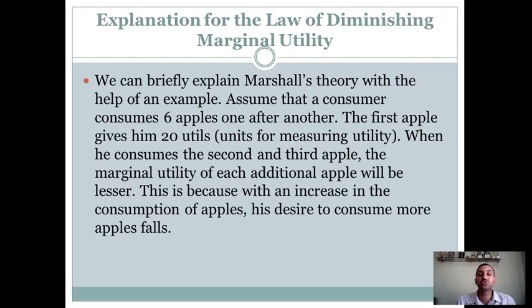When a person consumes the second apple, the utility will definitely reduce. So here Marshall's law states that, other things remaining the same or constant, the consumption of additional units of any commodity will give you less and less satisfaction. So this is the law of diminishing marginal utility.